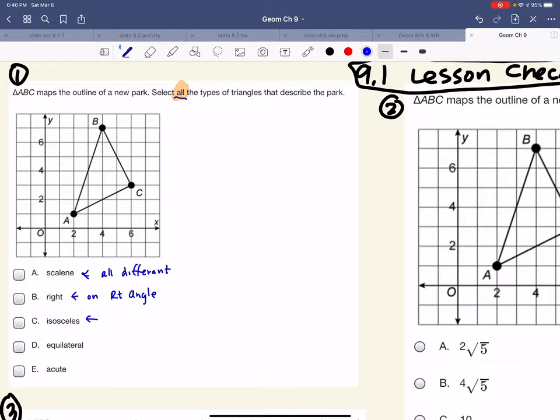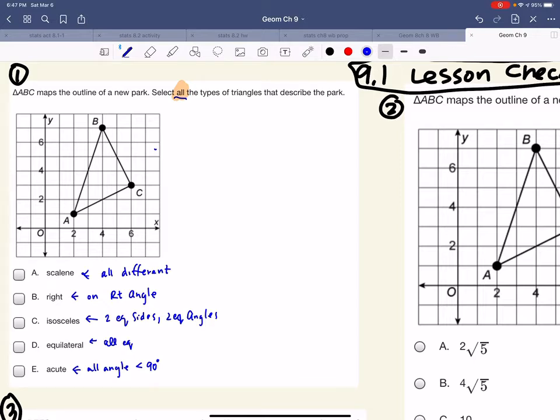Isosceles means 2 equal sides, which ends up being 2 equal angles. Equilateral means all sides and angles are equal. And then acute means all the angles are less than 90 degrees. Okay, so let's investigate.